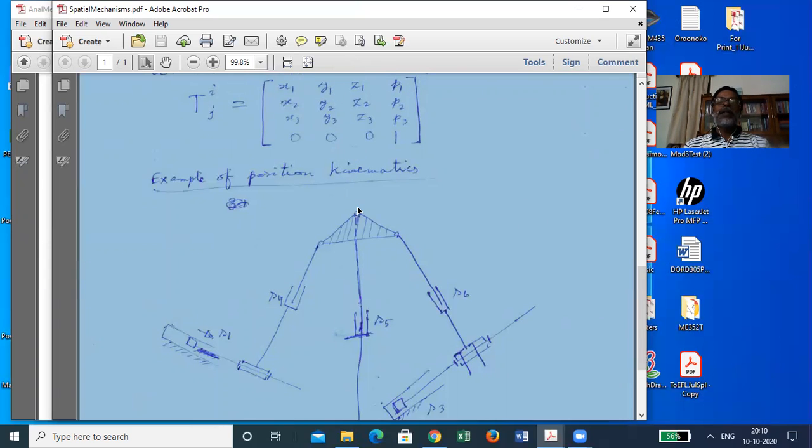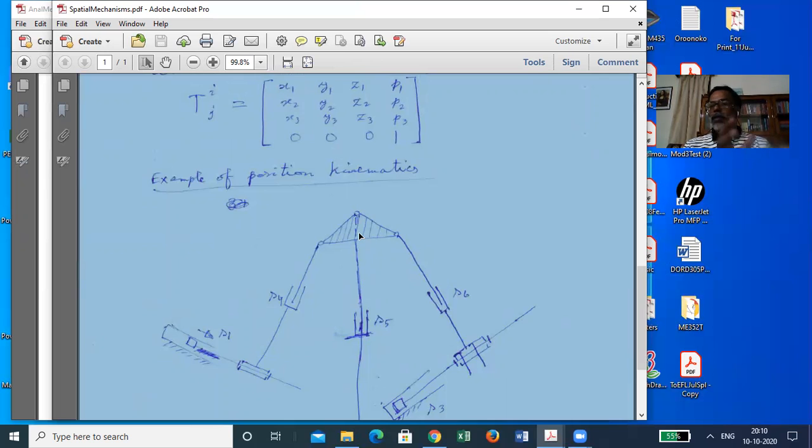We say, suppose this platform is at a position and orientation, its frame of reference origin is in the base frame at XYZ position, and its orientation is represented by three angles alpha, beta, gamma.